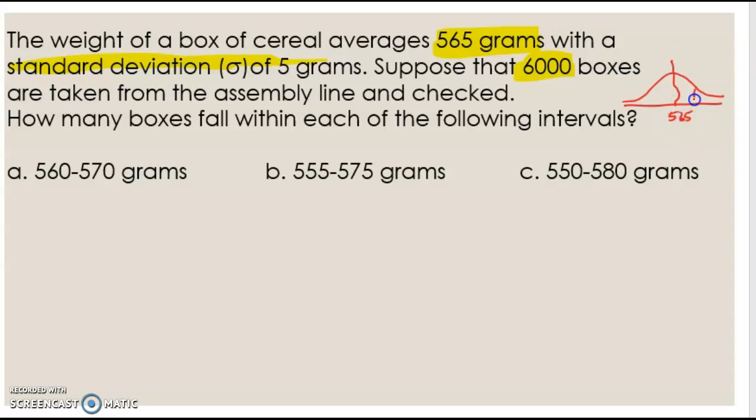And on either side, for one standard deviation, I would have 5 behind and 5 above. So 560 to 570 is one standard deviation, which is 68.3%. Going a second standard deviation is minus 5, 555, and 575. That's what we got right here.